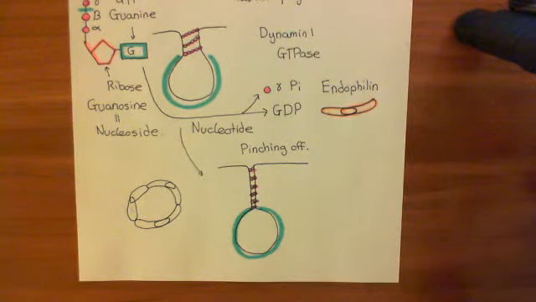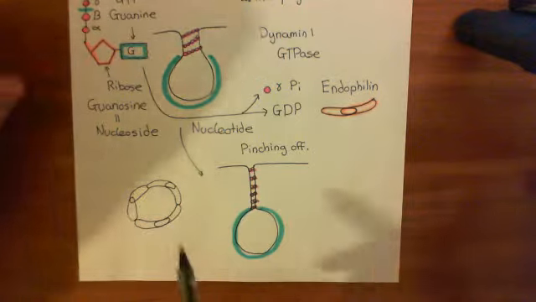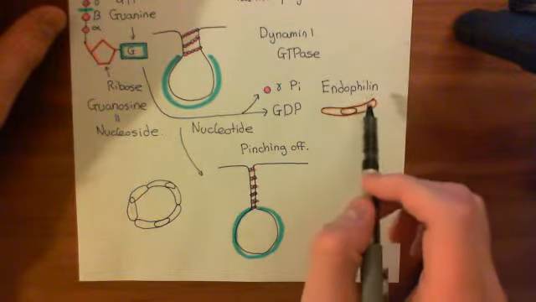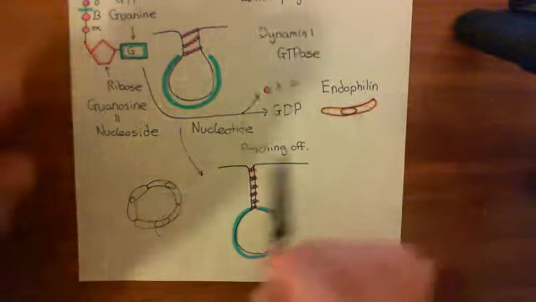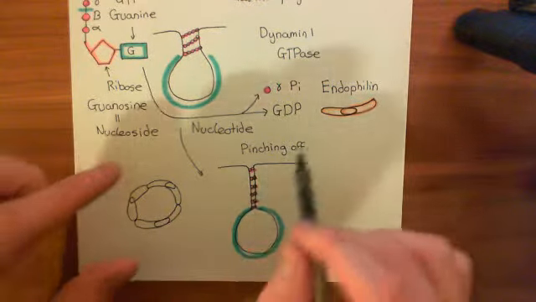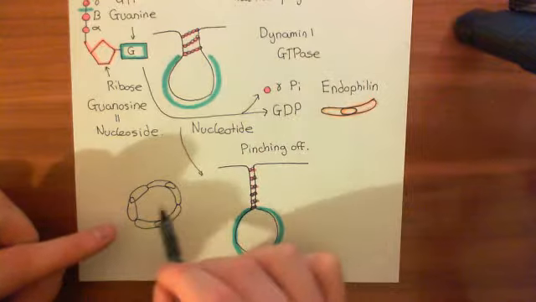And consistent with this finding, if you look at these endophilin dimers and you assemble a ring of them, you can work out what the diameter of that ring would be.